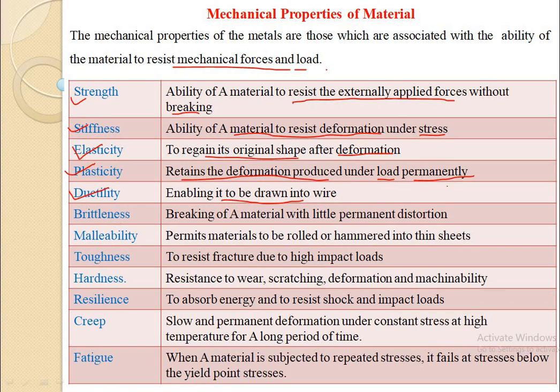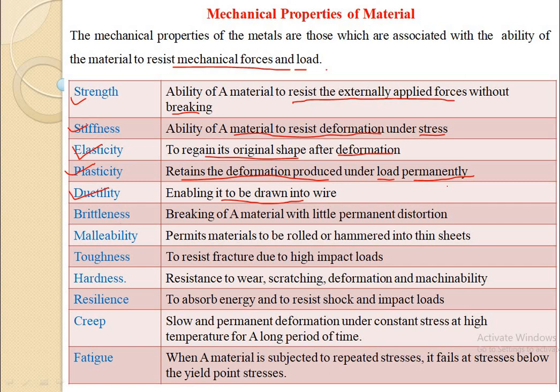Ductility is usually measured by percentage elongation and percentage reduction in area. How much of the property of ductility a material possesses, we can measure by the percentage elongation after the application of load and the percentage reduction in area due to the application of tensile force.